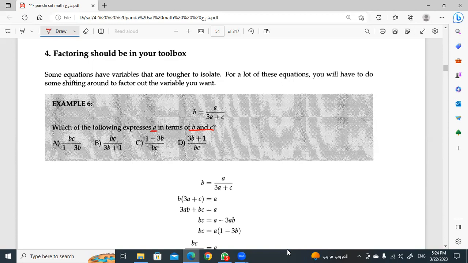Here I have A upward and A downward. So first of all, I will use cross multiplication. I will multiply this by this and this by 1 beside, under the B. So it will be B multiplying by 3A plus C equals A multiplying by 1.